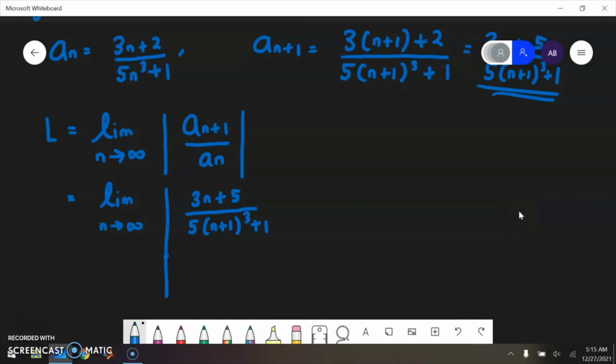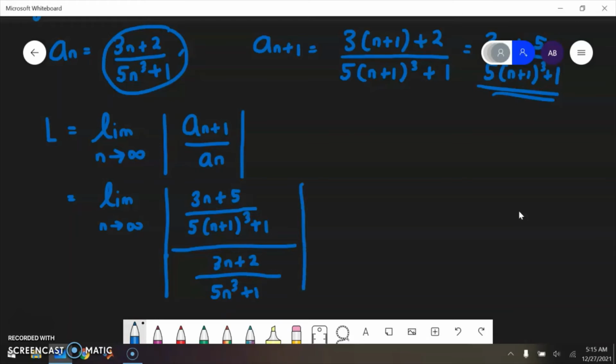Now we're going to divide by my a_n, which is 3n plus 2 over 5n cubed plus 1.